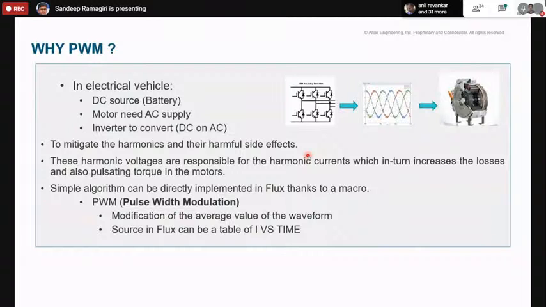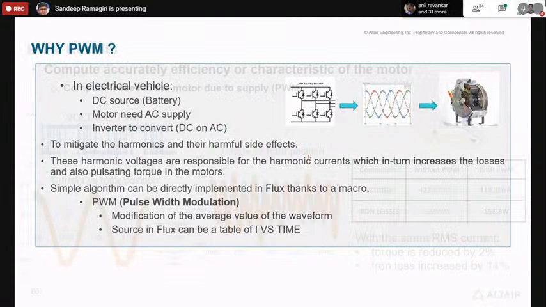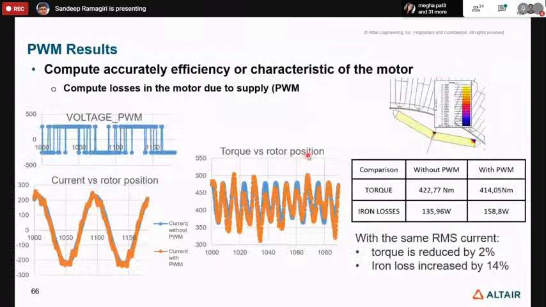So you can see here one particular result where I am supplying the same motor with PWM signals, and as you can see here, the current versus the rotor position. You can see the effect of PWM, and also torque versus rotor position.